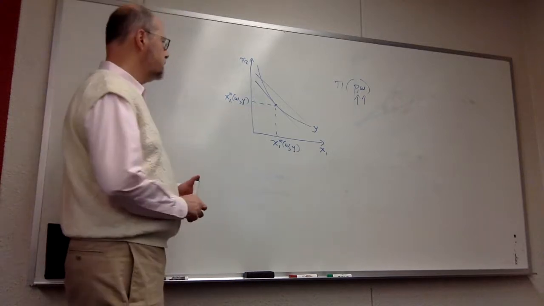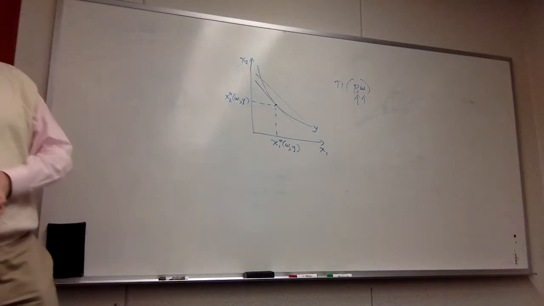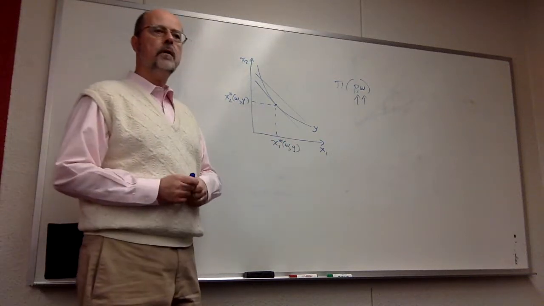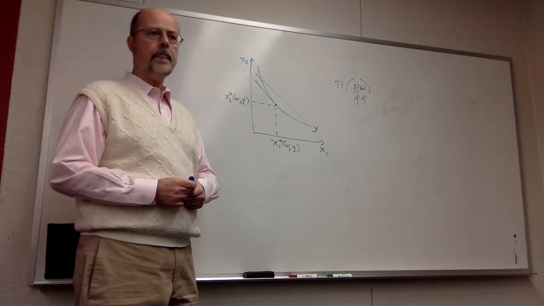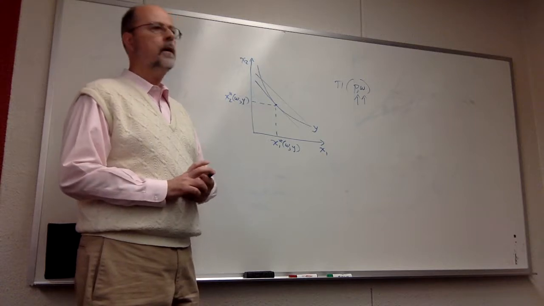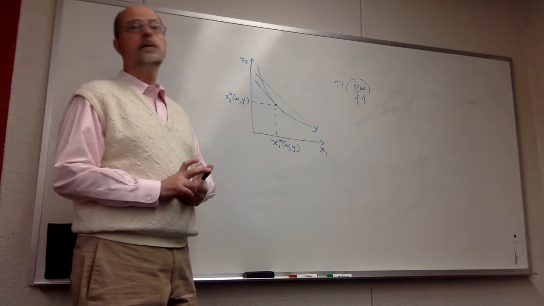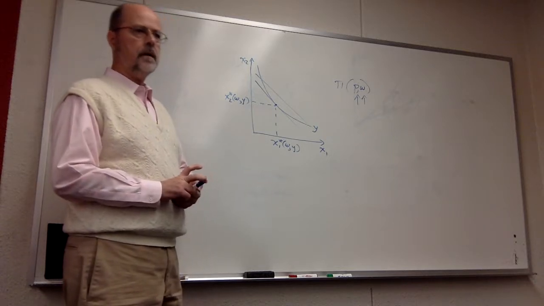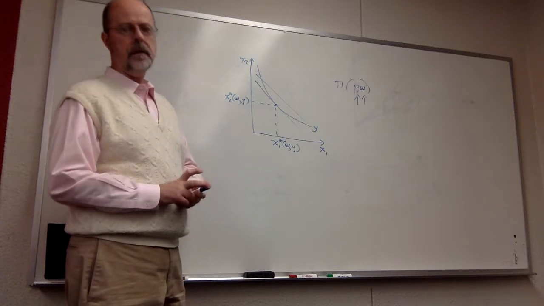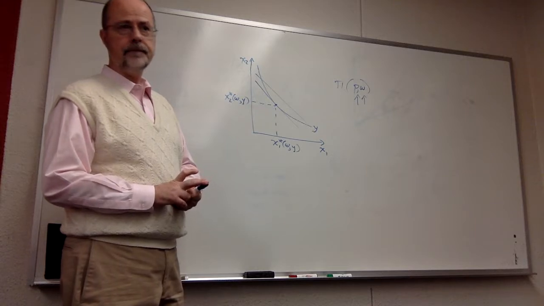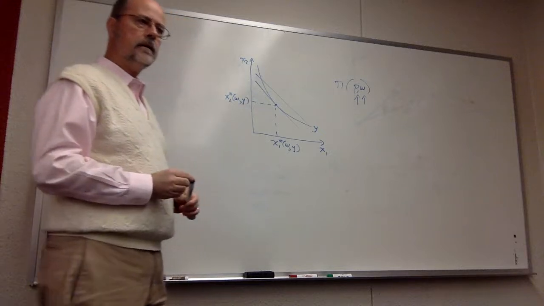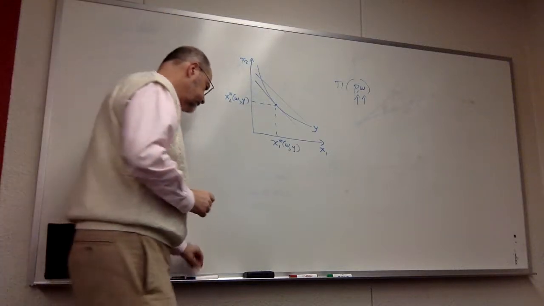Okay, so we now ask the following question. Imagine, let's say for x1, a small change in W1. Let's say, for example, W1 is reduced a little bit, so it becomes a little cheaper to use x1. Okay? So the isocost is going to tilt a little bit, get flatter.